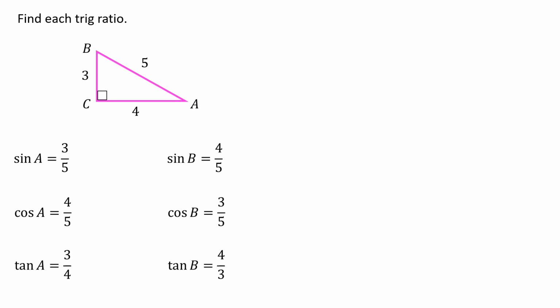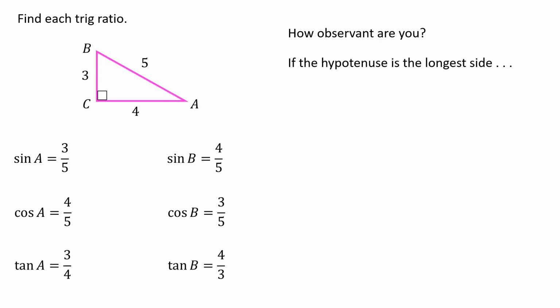You might notice something about the answers for sine and cosine, how they switch when we switch the angle. And also notice what happens to the answer for tangent when we switch angles. And if you're real observant, you might notice something about the answers for sine and cosine.